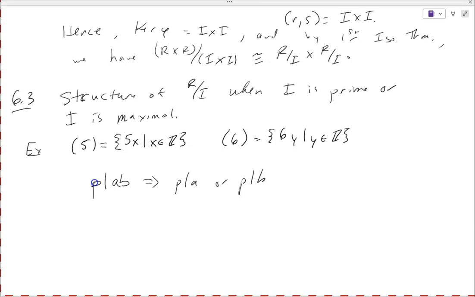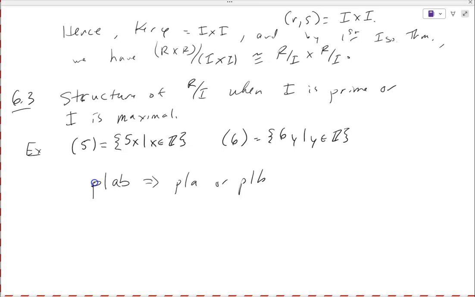So you can write AR plus PS equals 1, and then multiply both sides by B. Then P divides PB, P divides AB, so P has to divide B. That's how the proof goes. Anyway, a prime that divides a product has to divide one of the factors.